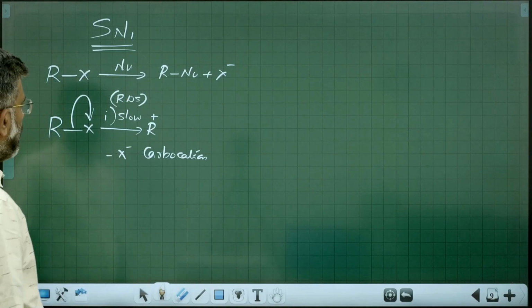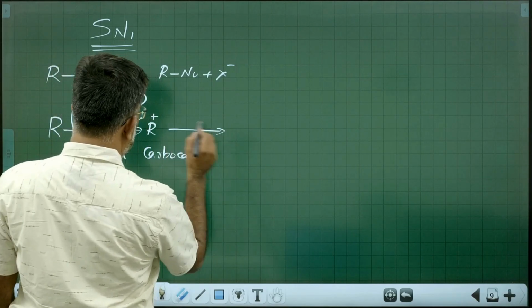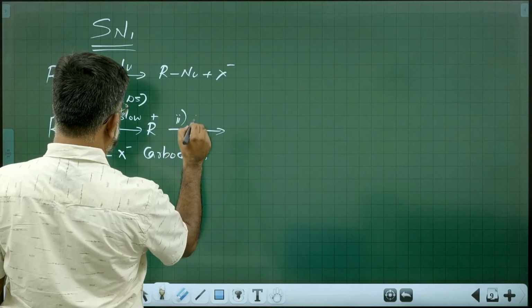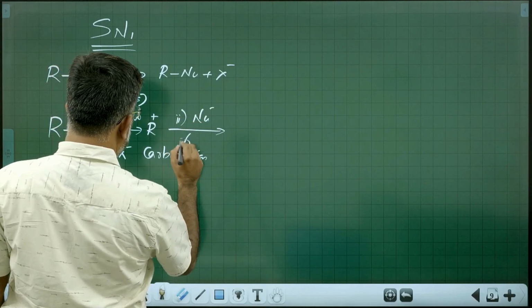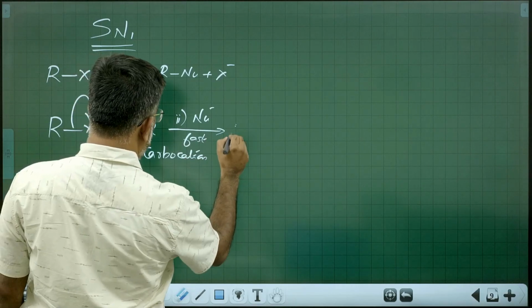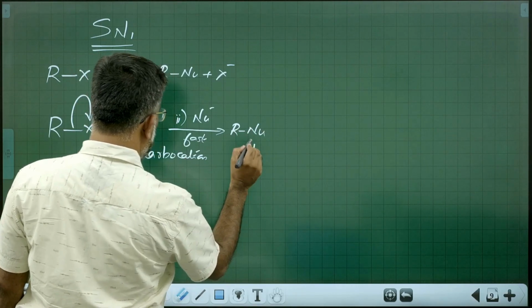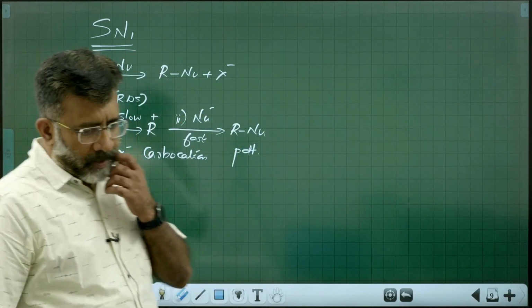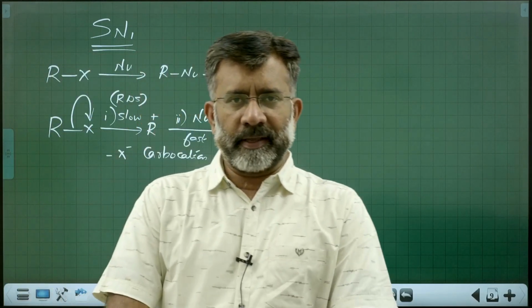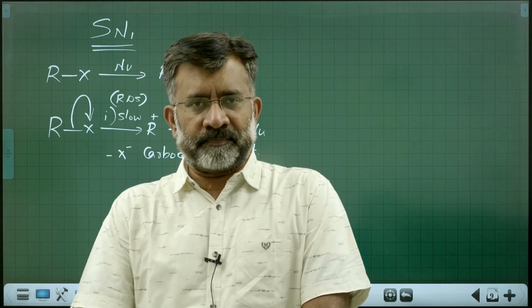And now step 2, the attack of the nucleophile, which is a fast step, and you get RNu as the final product. This is the mechanism involved in SN1 reaction.